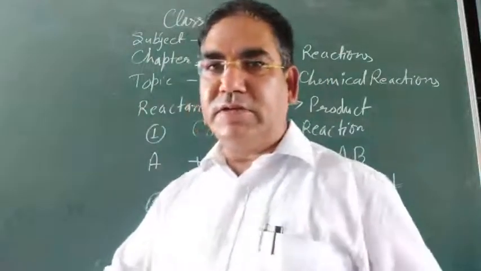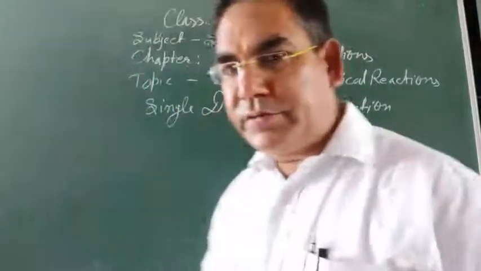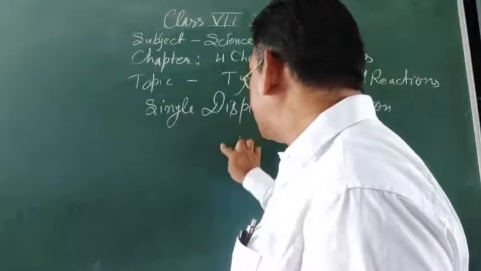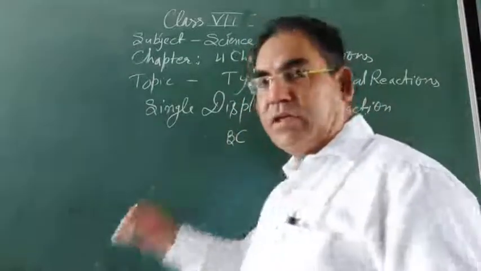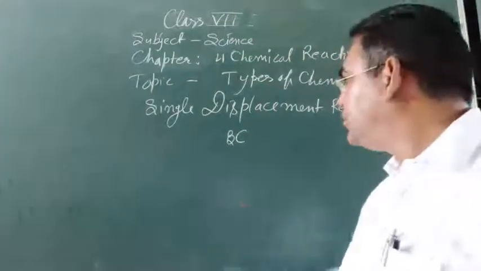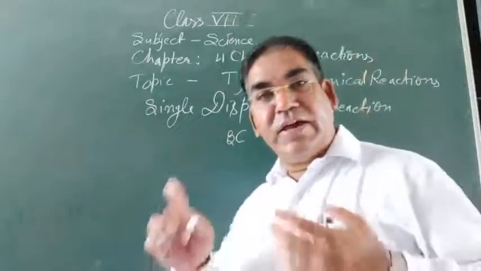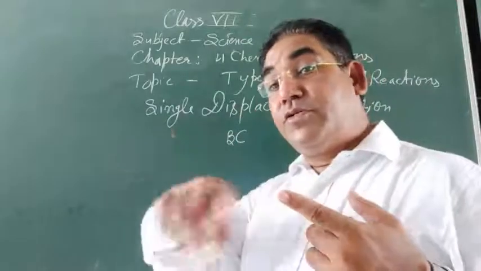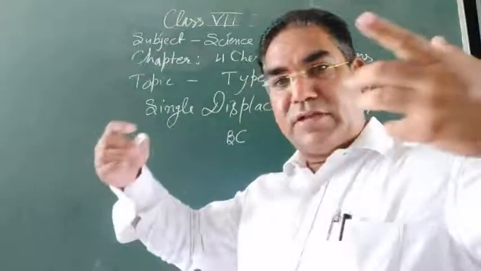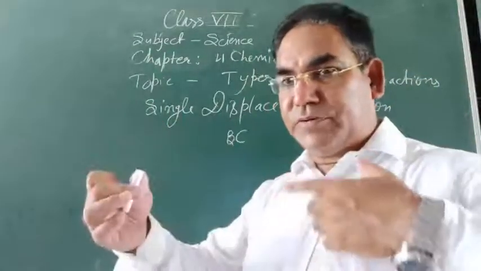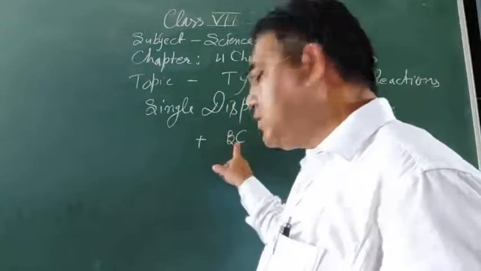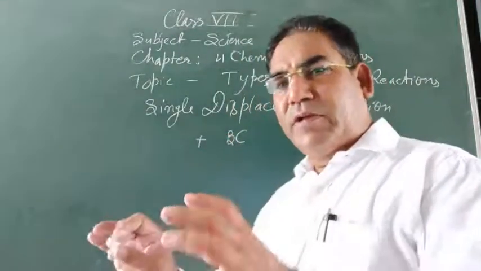Now look, single displacement reaction. There is a compound. Suppose BC is a compound. A compound is a material made up of two or more kinds of elements combined in a fixed ratio. So this compound is living its normal life.